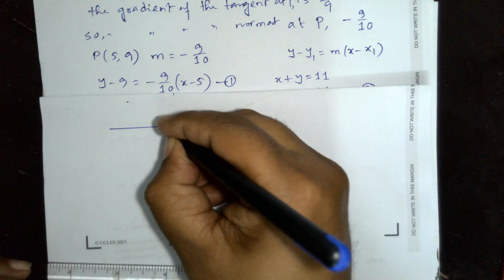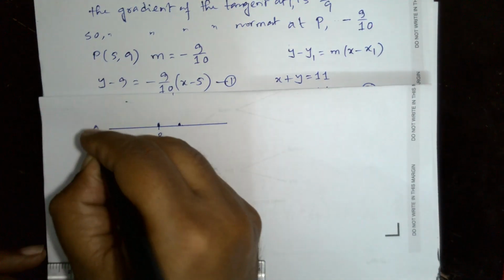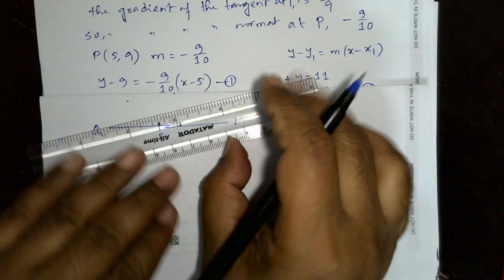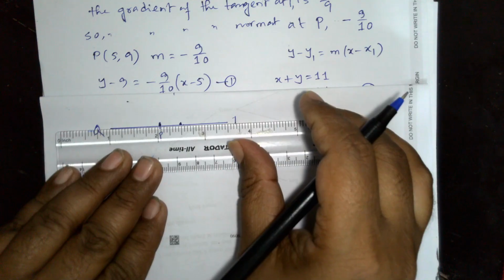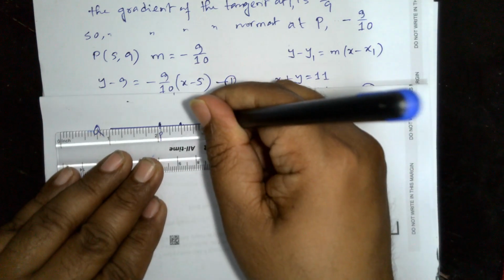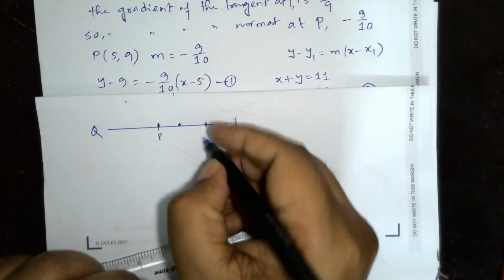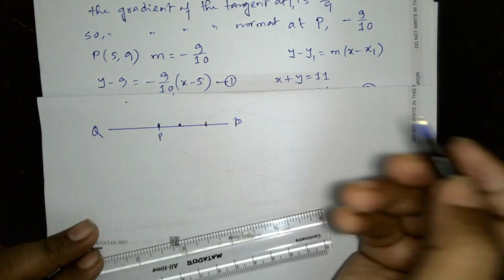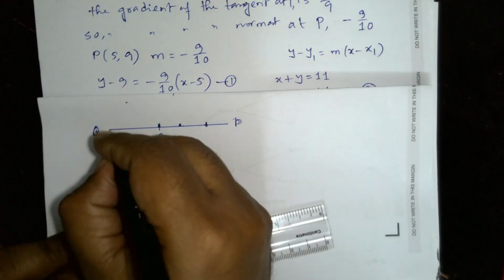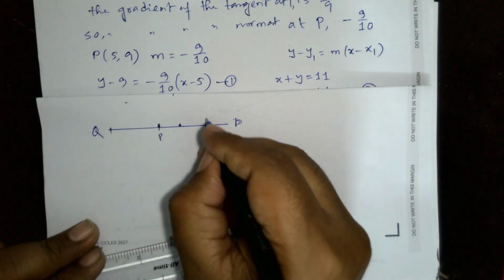This is P, this is Q, and here we have R.